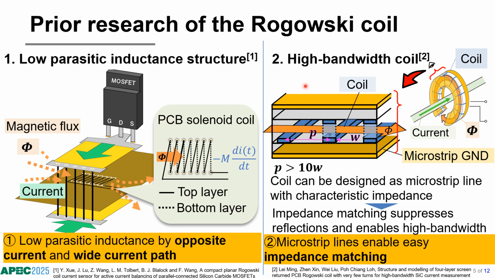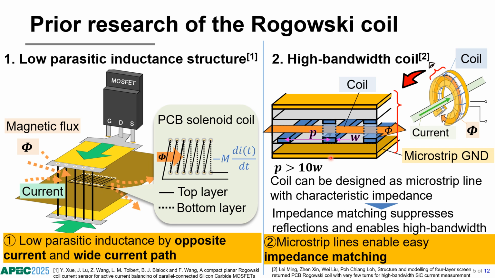The second is a high bandwidth coil. This figure shows a side view of the conventional Rogowski coil from this perspective. The coil is shown in blue line, and the magnetic flux is shown in orange.